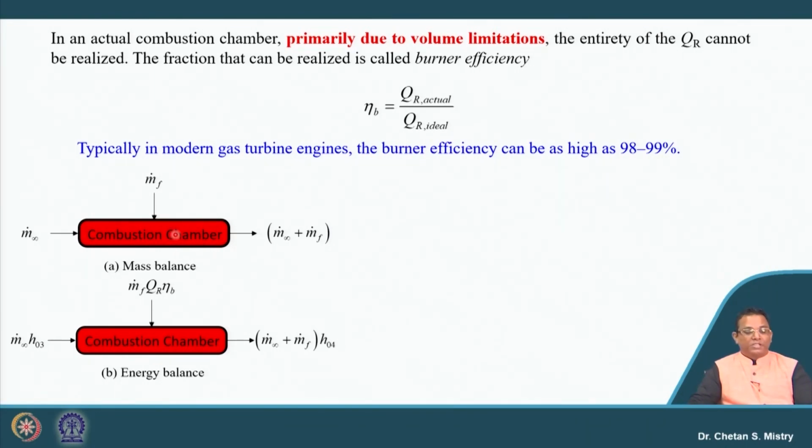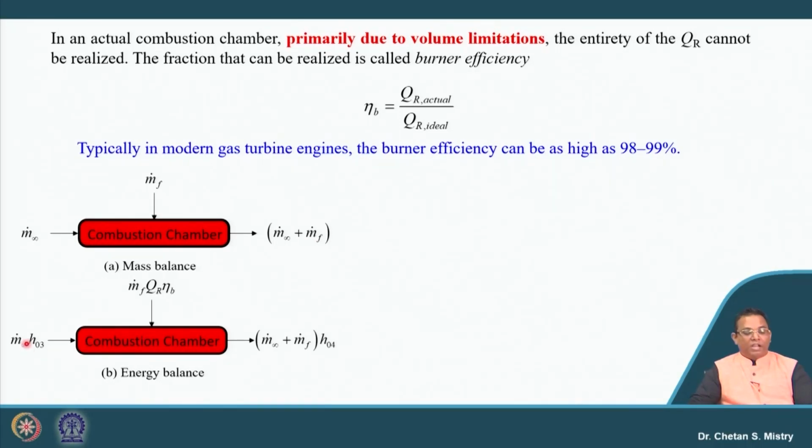So, let us put this as a control volume part. This is my combustor. Okay. So, M infinity is nothing but my air flow rate, MF is my fuel flow rate, and if I consider what is coming out as a gas, I say M infinity plus MF.